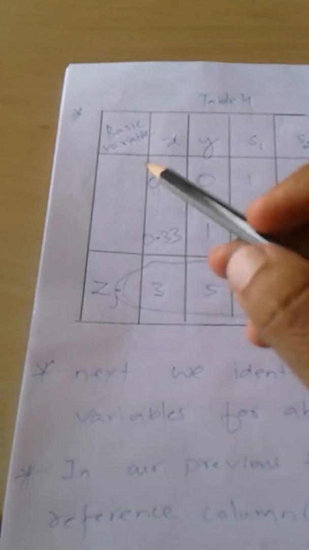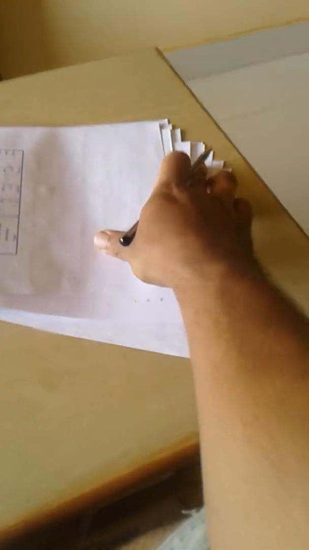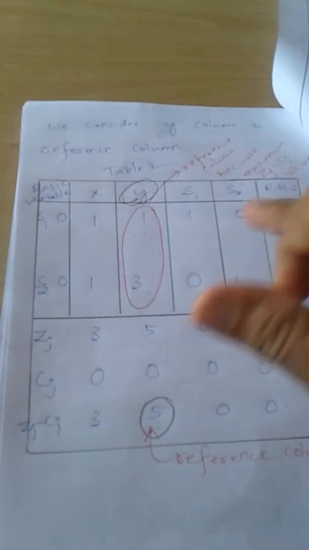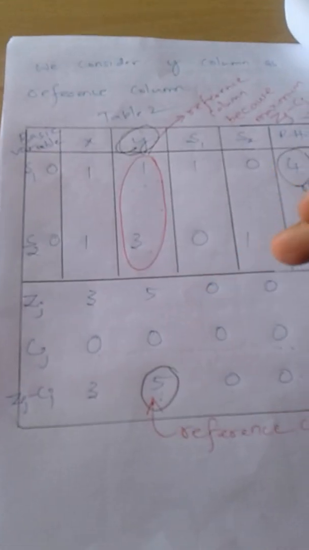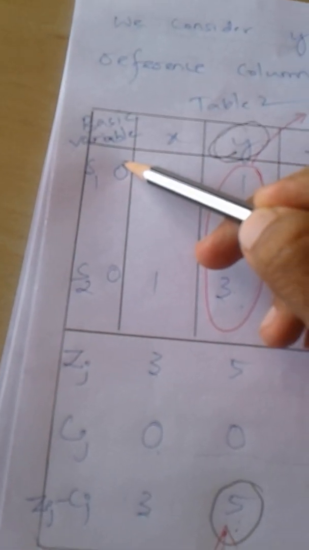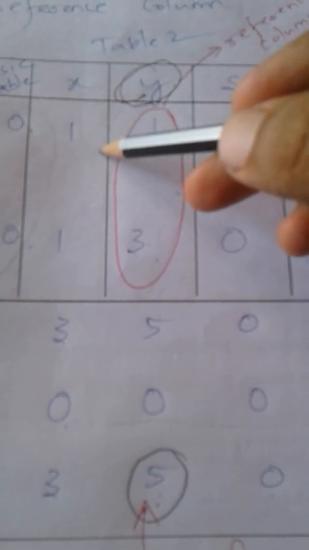Now to determine this, I'm just going back to the previous table. Okay, so in the previous table, these two were the basic variables, correct? S1 was 0, S2 was also 0. Now what happened was, we considered this 5, and this was the maximum.